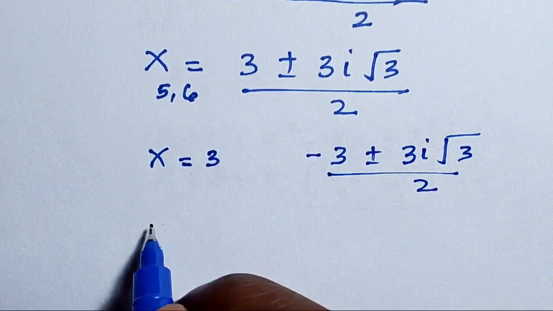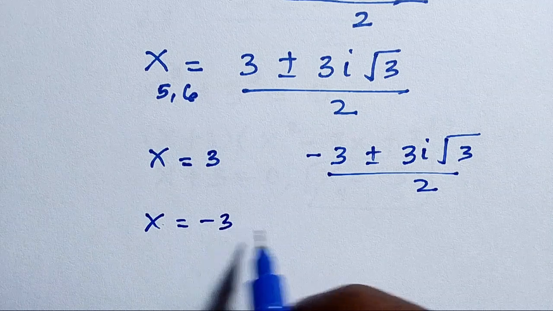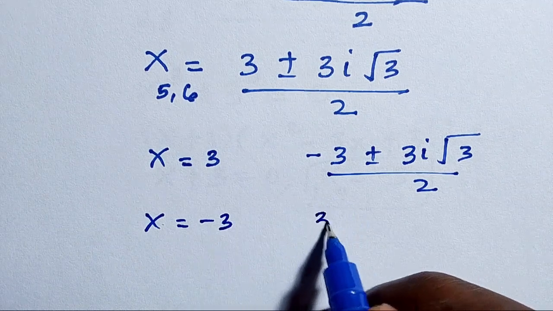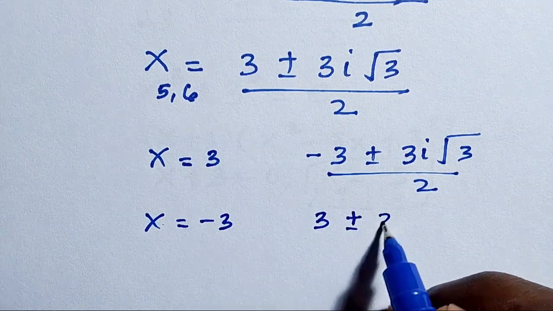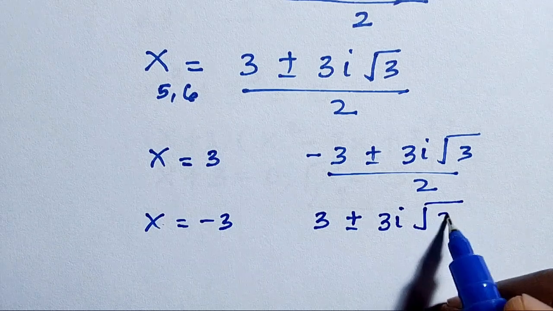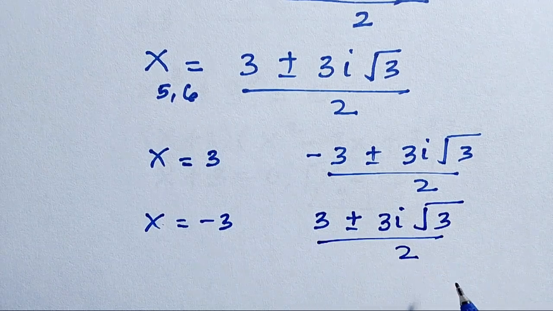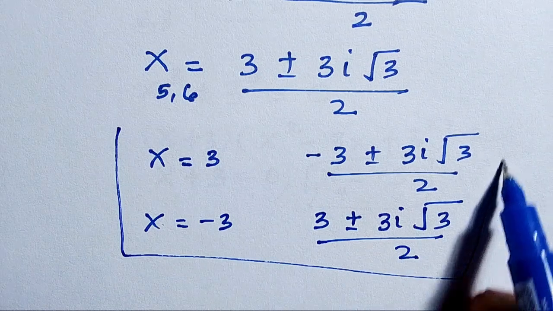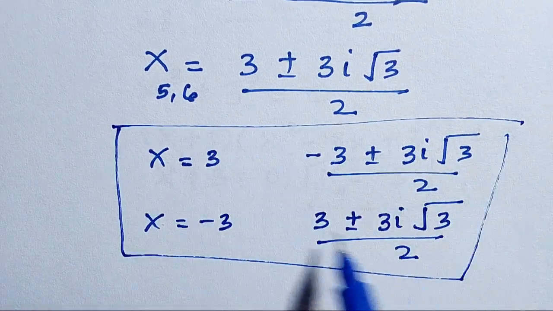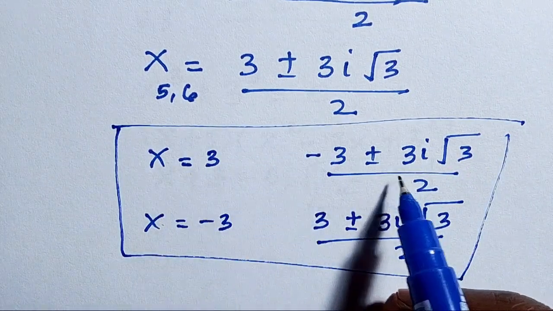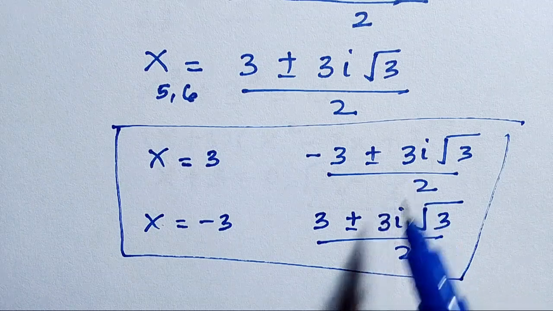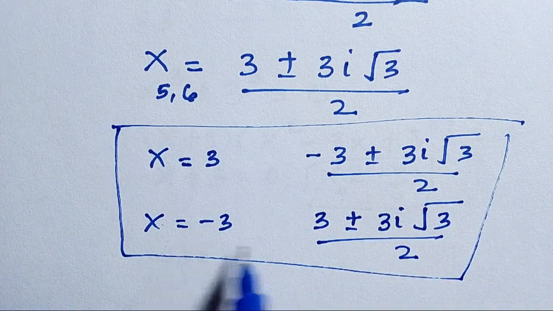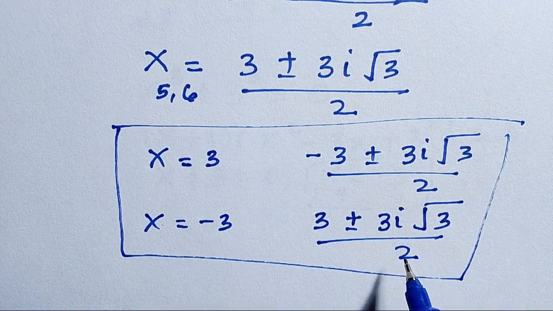And also we have x equals minus 3, with the complex solutions as 3 plus or minus 3i root 3 divided by 2. And here are all the 6 solutions that satisfy this problem. As this is a real solution, we have 2 complex solutions attached to it. Here is 1 real solution and 2 complex solutions attached to it.